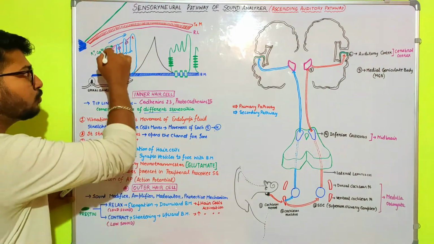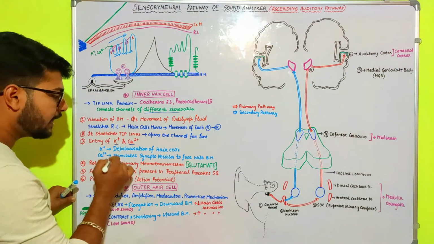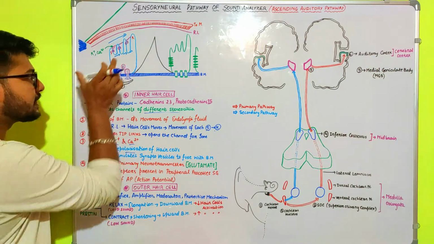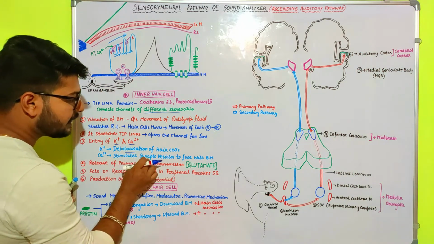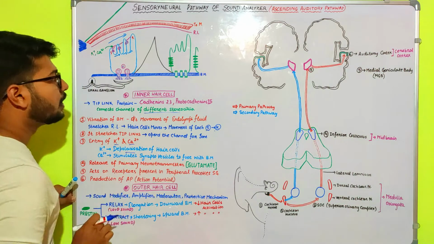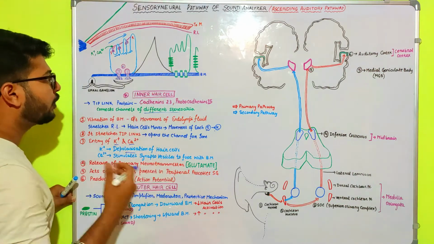What will happen? Due to the entry of potassium ion, it is going to depolarize the hair cells, and due to the entry of calcium ion, it is going to stimulate the synaptic vesicles to fuse with the basilar membrane. What do you mean by this?